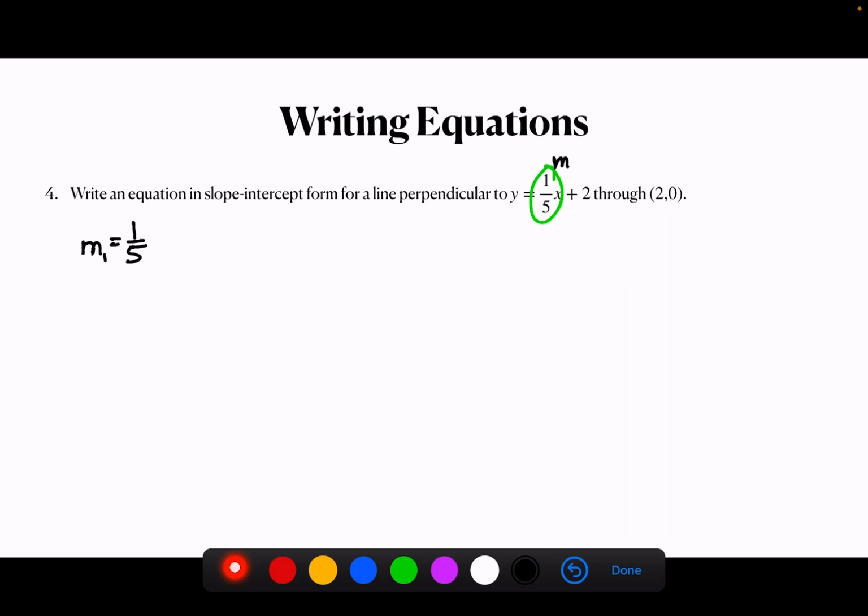But remember, if we want to say our slope is perpendicular to, let's say, slope 2, this implies that the slope multiplied by the second slope is equal to -1. So we need to say 1/5 multiplied by what gives us -1.